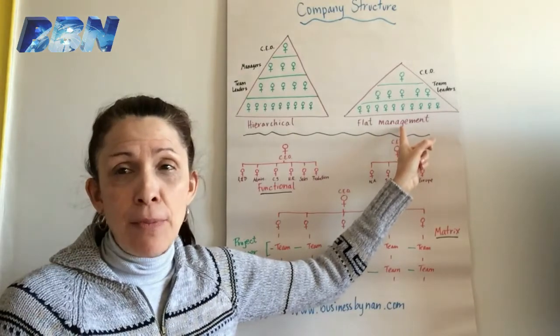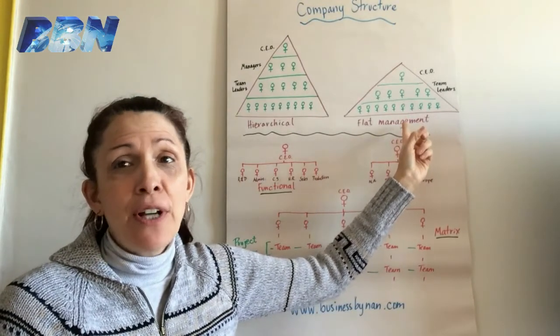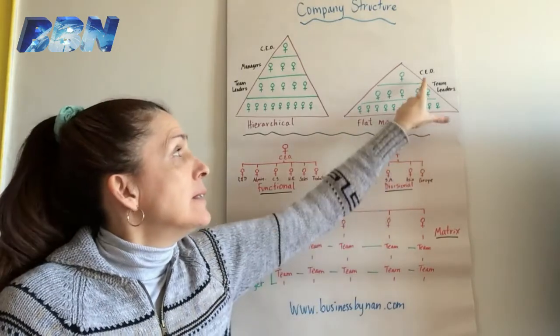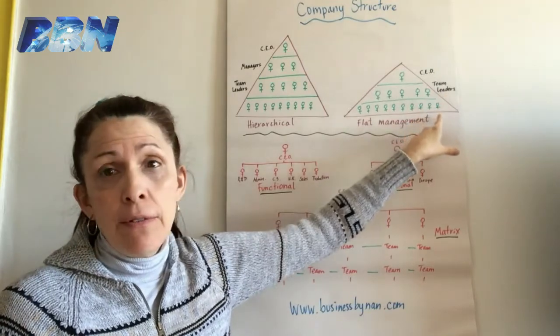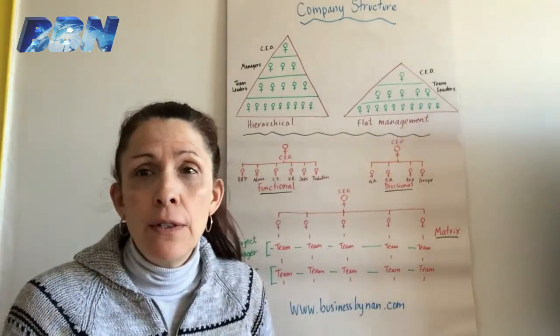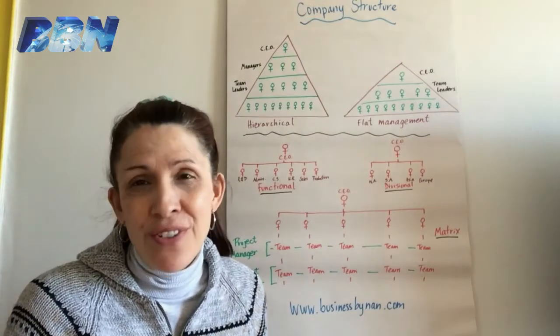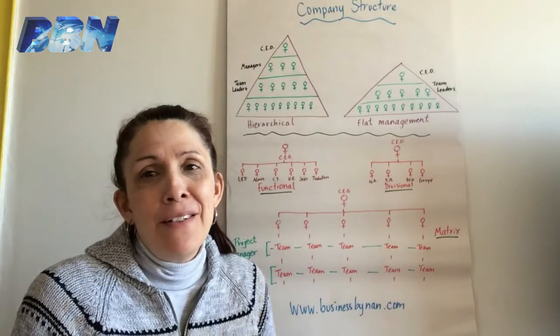But if you press down on it and you remove one of those ranks, it becomes something we call flat management. As you can see from here, we took out one of the levels: CEO, team leaders, and then we have the workers. So we've taken out the supervisors or the managers, and you can even make it even flatter.